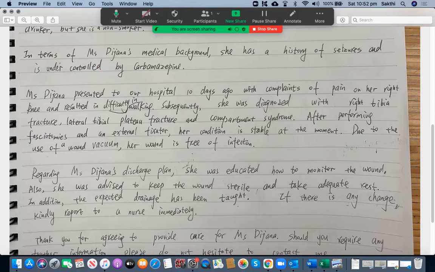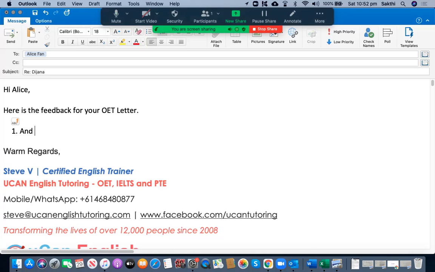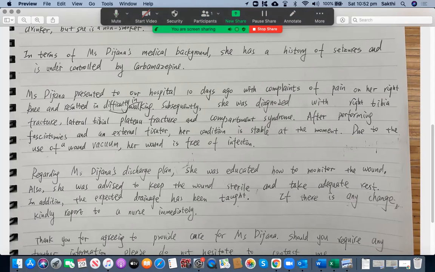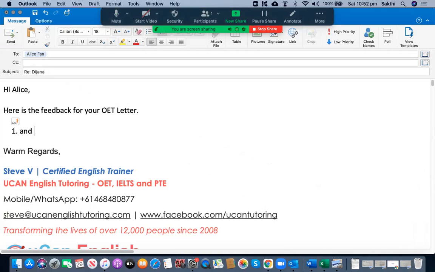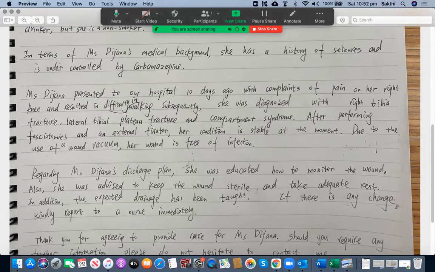Otherwise, let me write it down here so that it can be clearly understood. And is under controlled. All right, so you should have written and it is under control by. You don't need to say controlled. Or you can say which is under control. So both of them are good, so you can use one of them as you wish. All right, let's go to the next one.